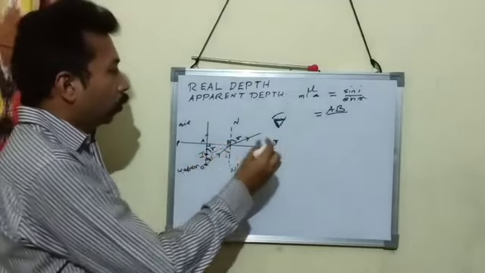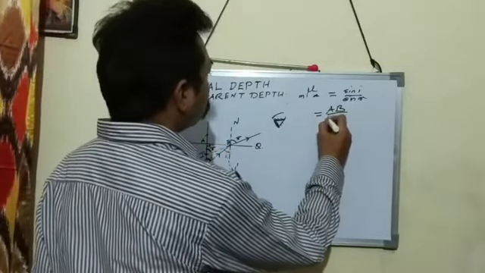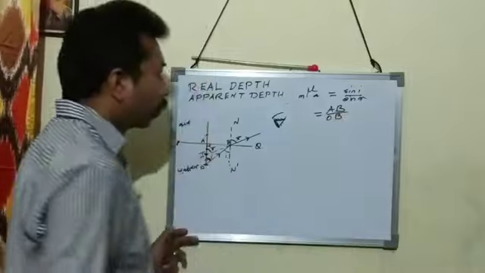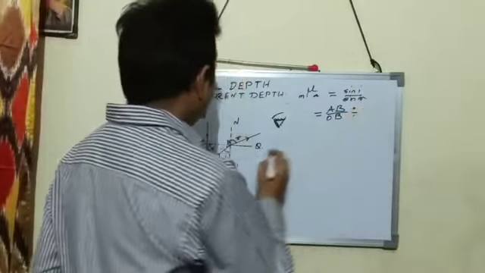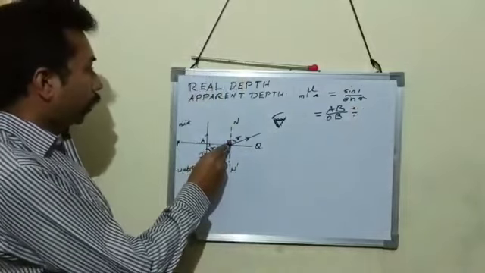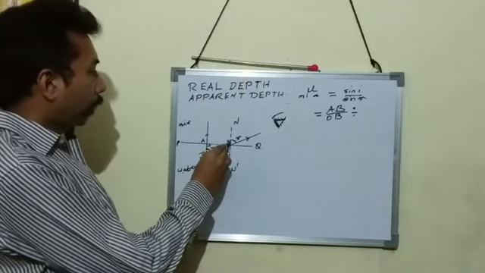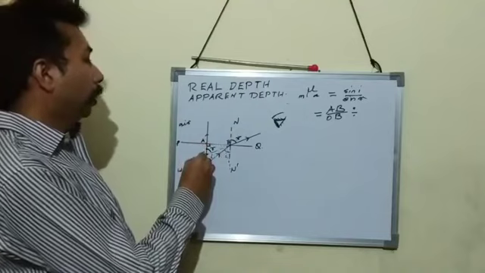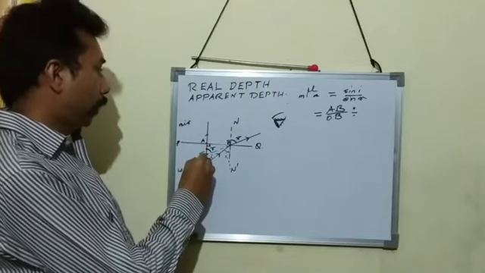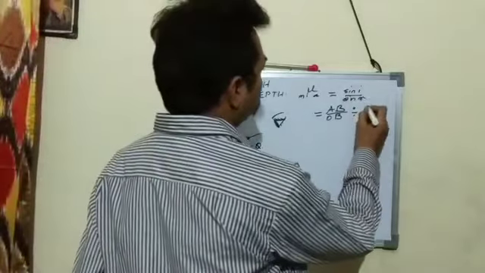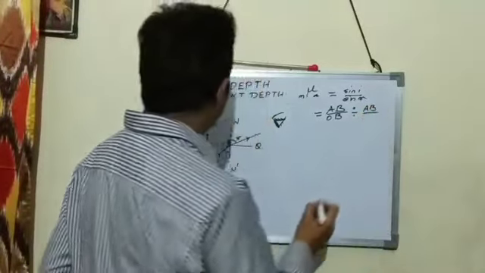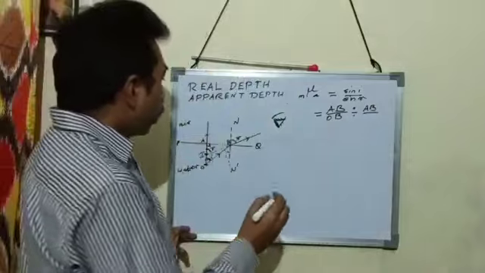So that is OB, divided by sin r. In order to find sin r, we will take the right angle triangle BAI. From right angle triangle BAI, sin r is equal to AB upon IB.